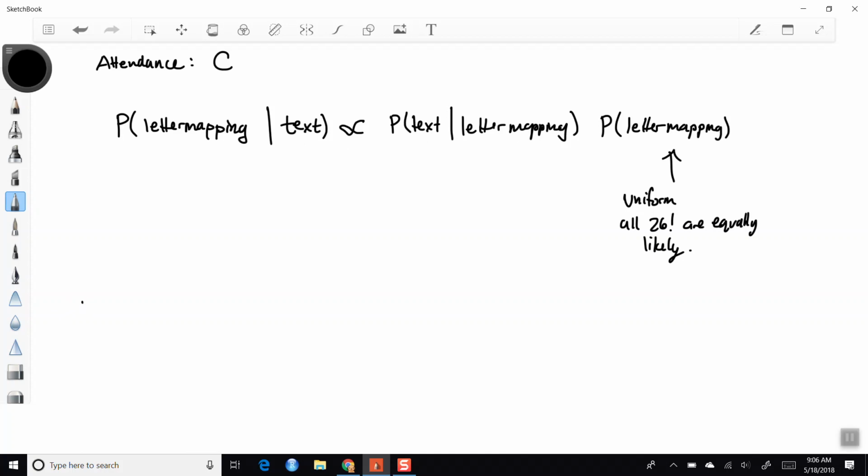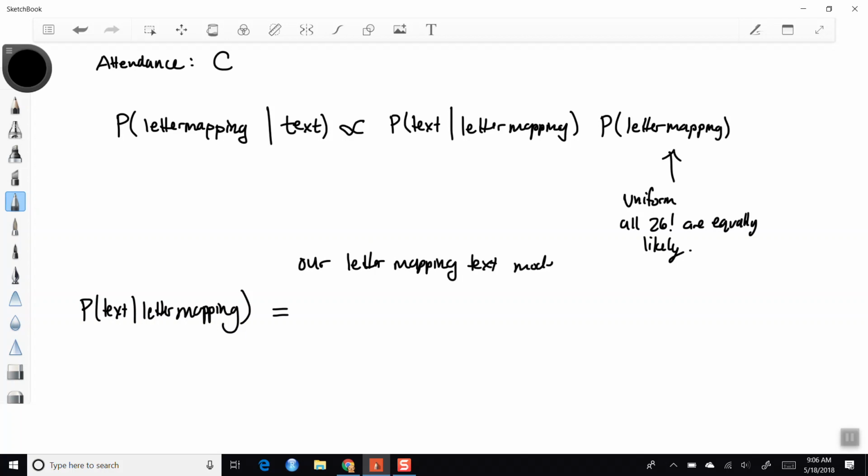And we said the probability of our text given the letter mapping, at least according to our model, okay, so this is our letter mapping text model, is that this is going to be a combination of, we look at the words that appear, okay?